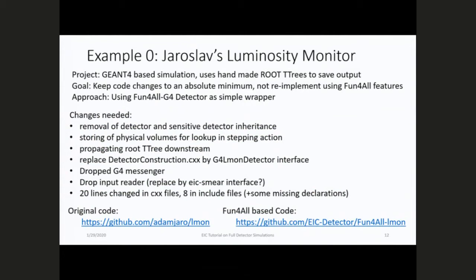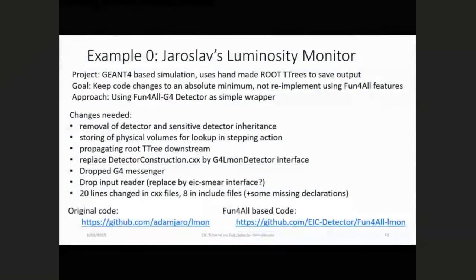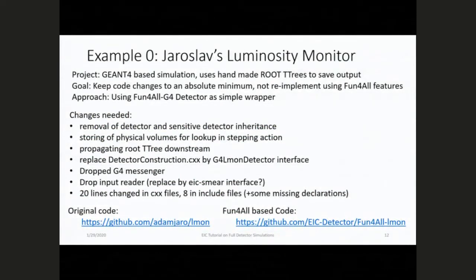The approach is basically using the Fun4All detector scheme that I have as a wrapper around Jaroslav's code. The wrapper certainly needed adapting. There were quite a lot of changes compared to all the other subsystems, but Jaroslav's code didn't really have to change. Since Fun4All now takes over, you have to remove the detector and sensitive detector inheritance, otherwise Geant4 gets confused.